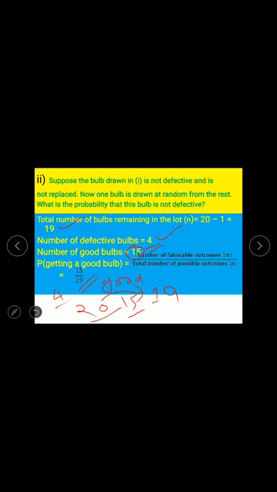Understood? 20 were there, 4 defective, one good one is taken, balance 19. Of 16 good ones, one is gone, so 15 remain. We did not take out a defective one.